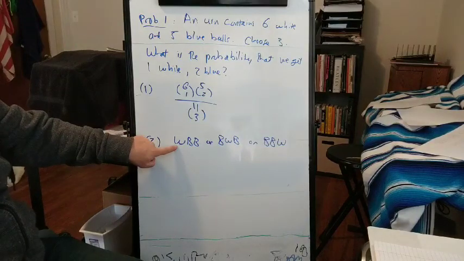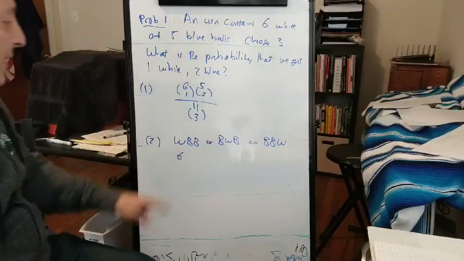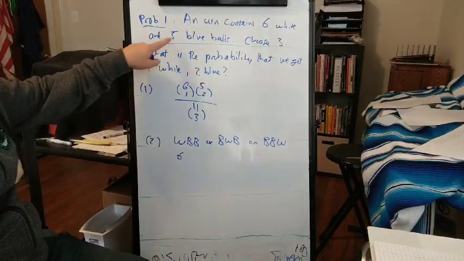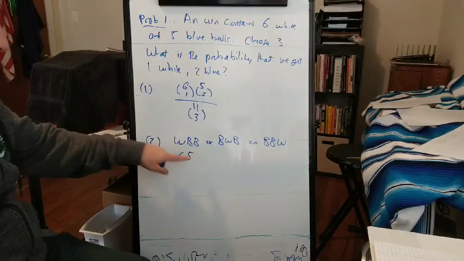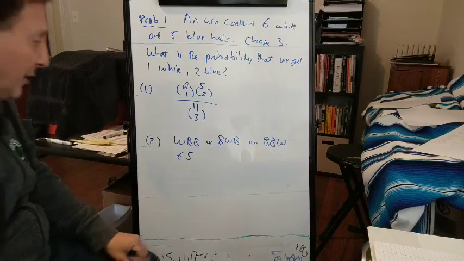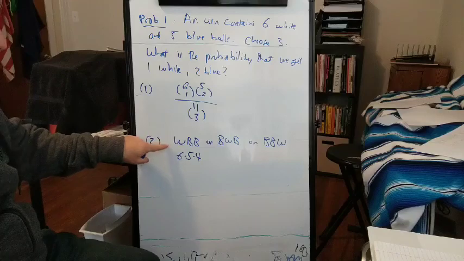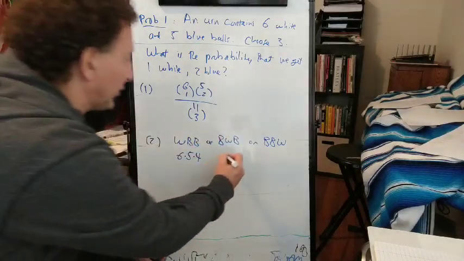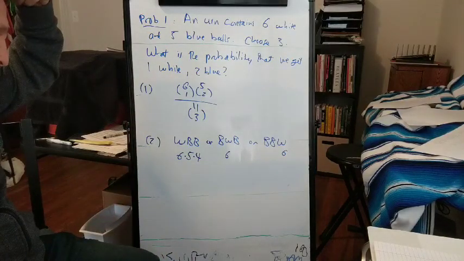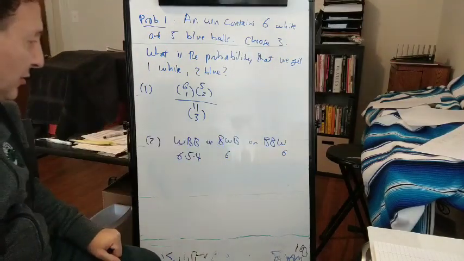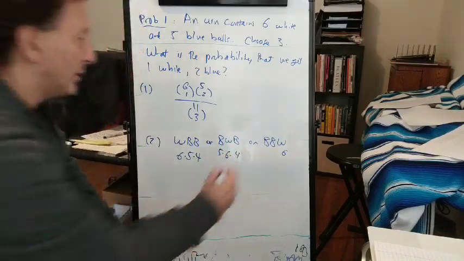In this case, there's 6 ways to choose the white ball, and then there's 5 ways to choose the blue ball, and then only 4 ways to choose the next blue ball, because of course we've removed one when we take out the first blue ball. And actually, wherever we're choosing one white ball, that's always 6. Whenever there's 2 blue balls to be chosen, there's always 5 ways to choose the first one and 4 ways to choose the second one.